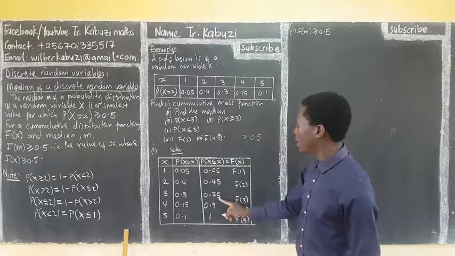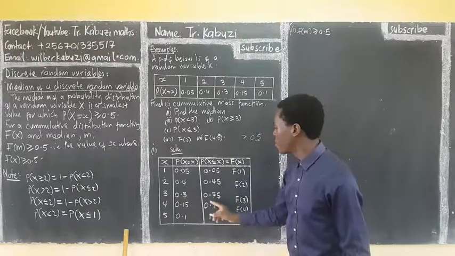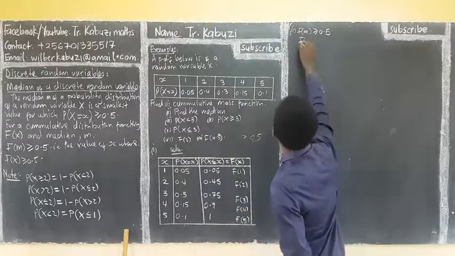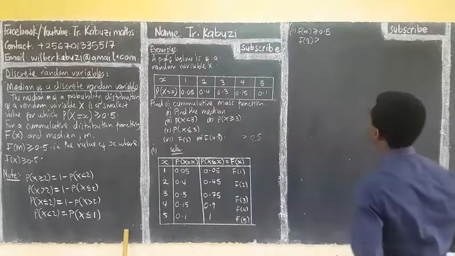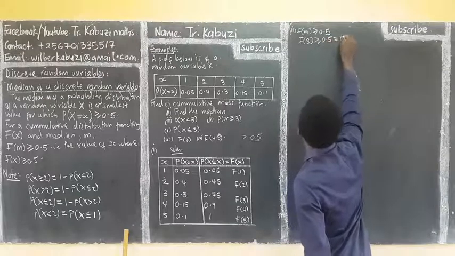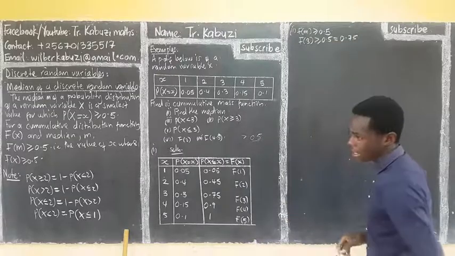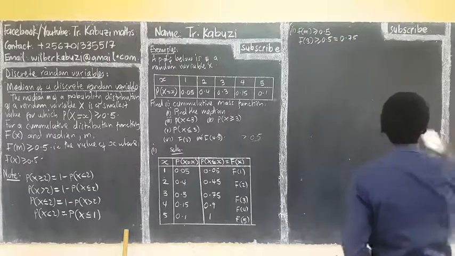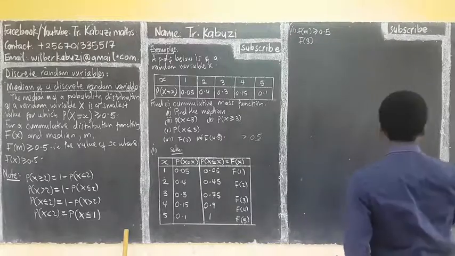So the corresponding value of x that is giving us this, you see it's going to be 3. So here my F of 3 is greater than 0.5. Why? Because it's 0.75. This value is greater than that. Or if I'm to say it properly, I'll say my F of 3. Why am I saying F of 3?